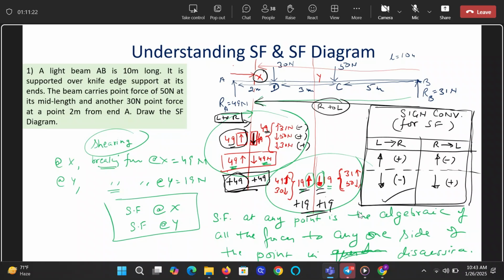Correct. So let's agree within the class that as far as possible, I will always work from left to right. And when I work from left to right, what does my sign convention say? Upward forces are positive, downward forces are negative, so that every time I'm not struggling for the sign convention.